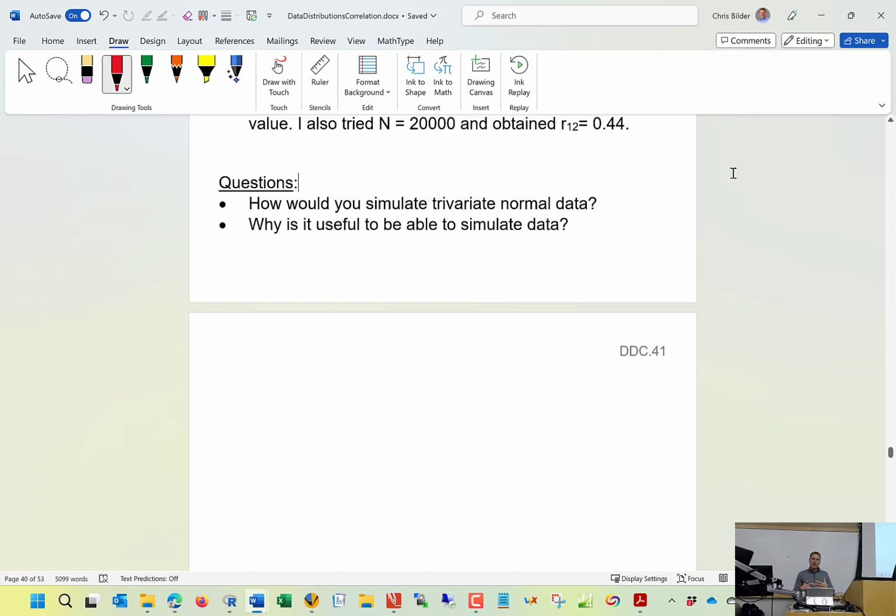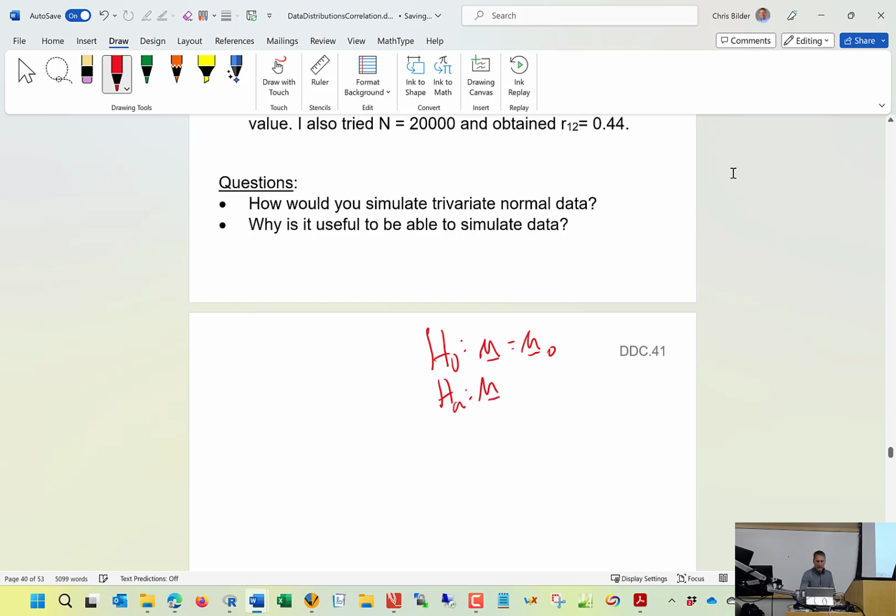And so especially when one is getting to more sophisticated statistical methods, what one would like to be able to do is test those statistical methods out on a situation where you have an idea of what's going to happen. For example, we'll talk about this late in the semester. One could actually do a hypothesis test like this.